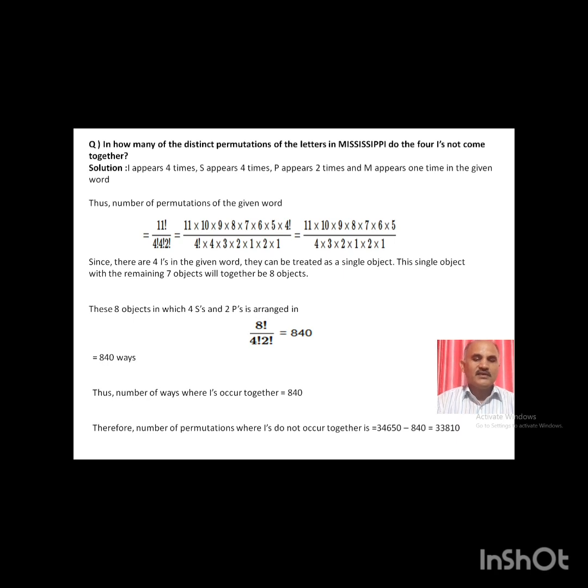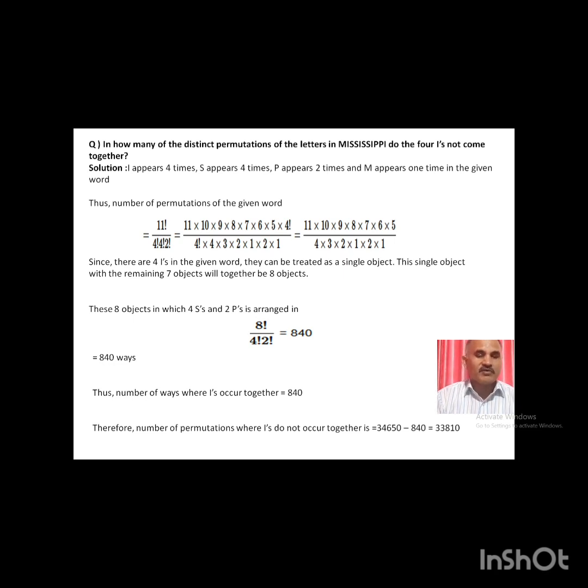Next question: how many of the distinct permutations of the letters in the word Mississippi are there in which the 4 I's do not come together? Children, first of all, in every question of permutation and combination, you check how many letters are used. In the word Mississippi, the total number of letters is 1, 2, 3, 4, 5, 6, 7, 8, 9, 10, 11. I appears 4 times, S appears 4 times, P appears 2 times, and M appears 1 time.